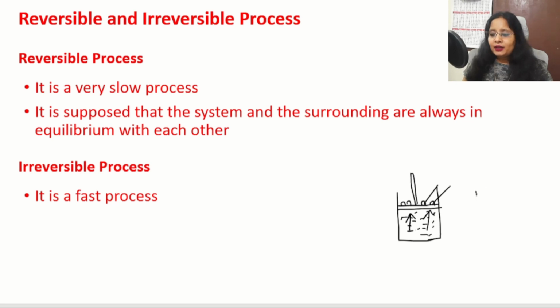On the other hand, suppose we have the same container with the same piston and the same gas inside, and here we suddenly shift the piston from here to here. Suddenly we decrease the pressure, so a sudden expansion of the volume will happen.